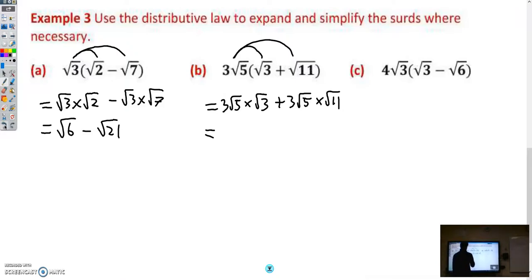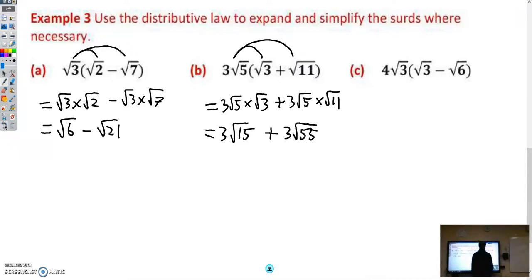Only surds will multiply in this case. So, root 5 times root 3 is root 15. We will end up with 3 root 15 plus the root 5 times root 11. We'll end up with root 55. So we'll end up with 3 root 55. Again, that is our final solution.